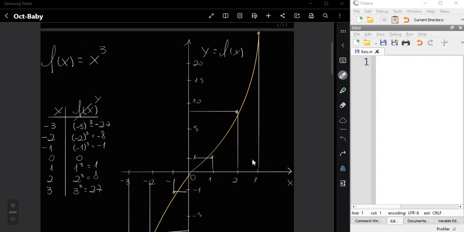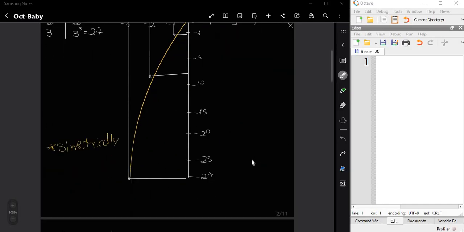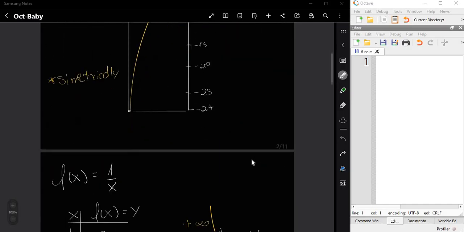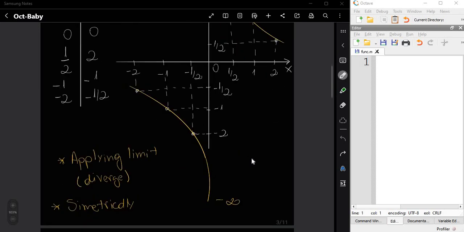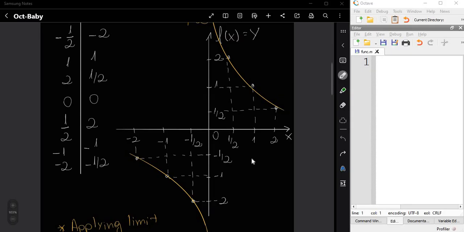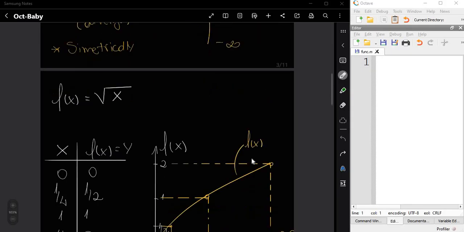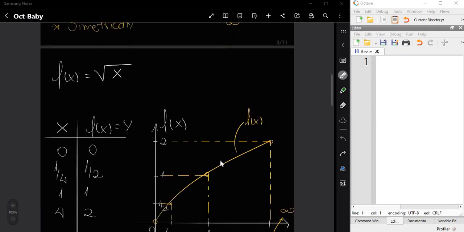So we are sketching these functions by hand and discussing concepts like if the function is symmetrical, if we can mirror this function, and we have already introduced the concept of limit.